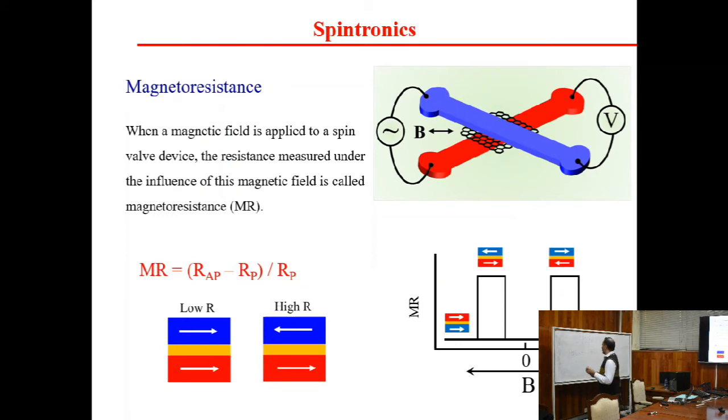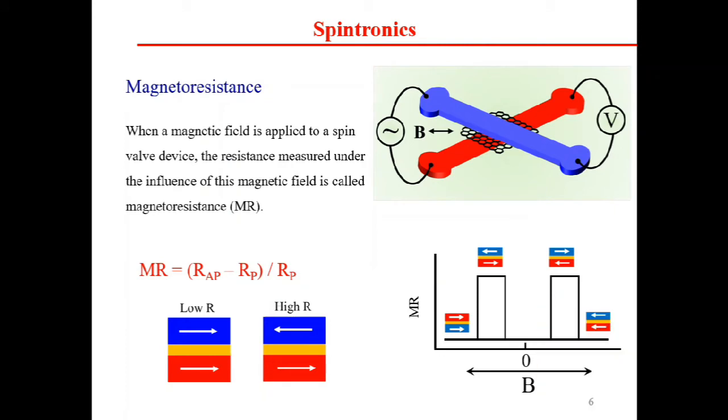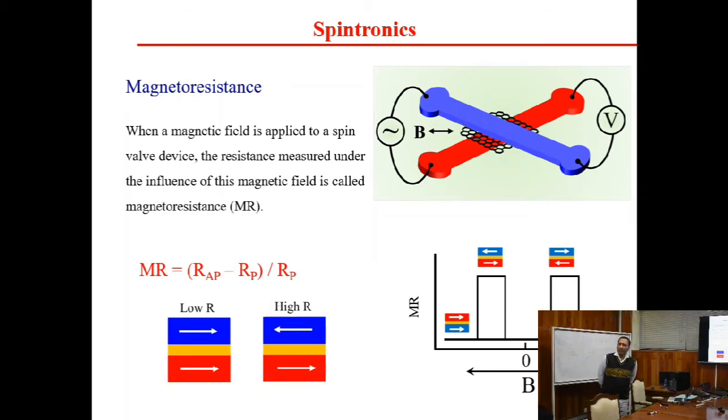These spin valve devices are then converted into the MTJ, magnetic tunnel junction. So you can see the tunneling effect if you are using an insulating layer between these electrodes. The story is very simple. You can make the MTJ, magnetic tunnel device.